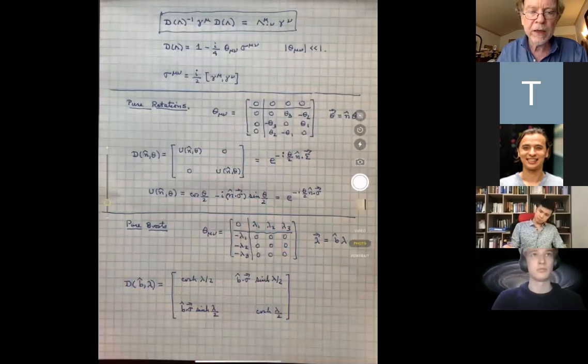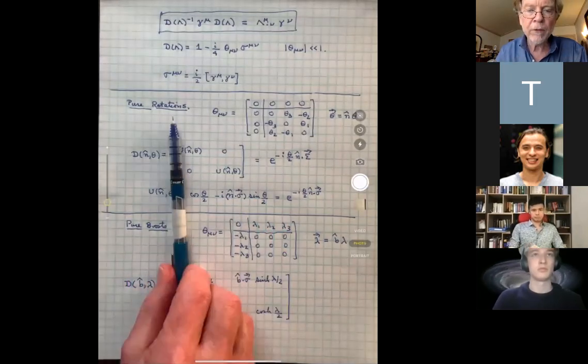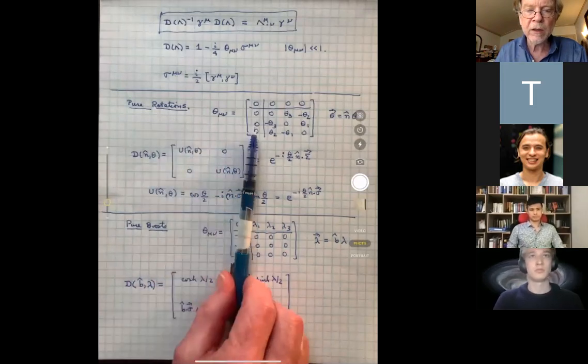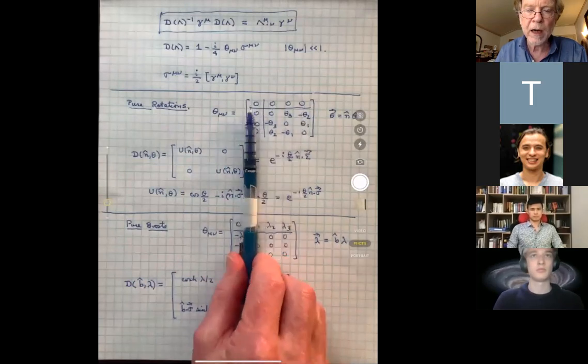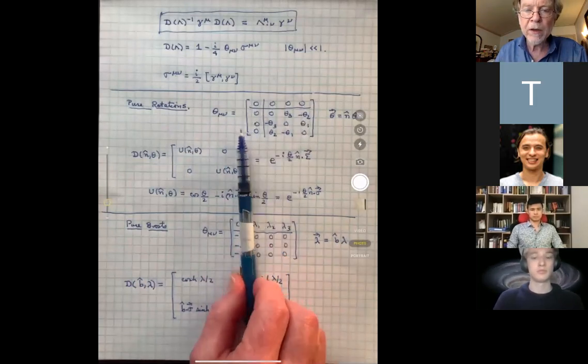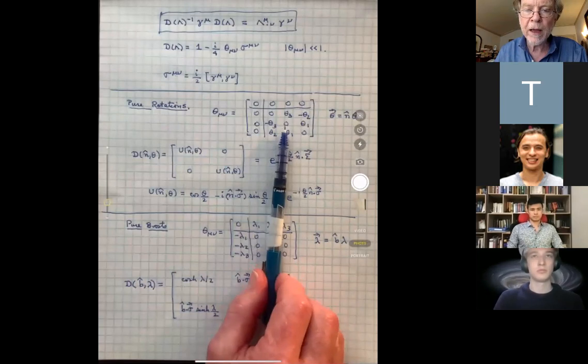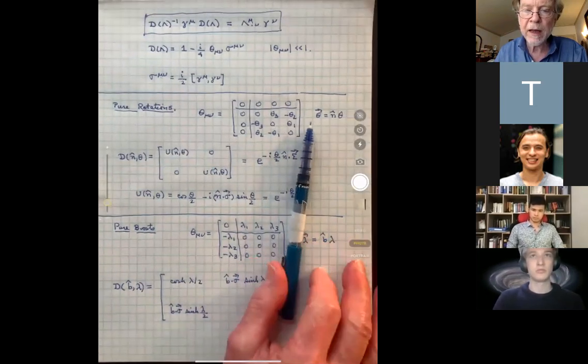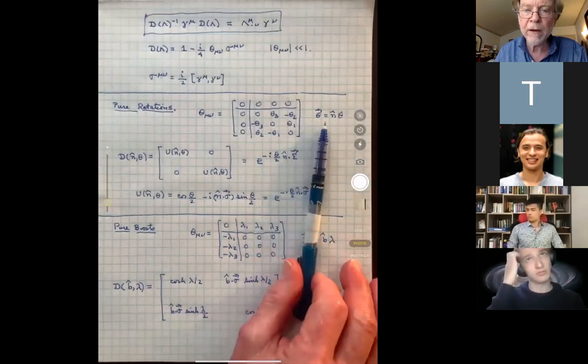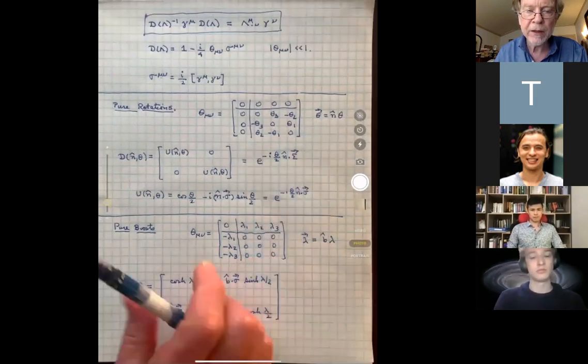We did that for both rotations and boosts. First of all, for rotations, this theta tensor only has spatial parts. Either the time row or time column vanishes. These 3 theta angle parameters are related to an axis and an angle by the formula here, that theta vector is n hat times theta magnitude.